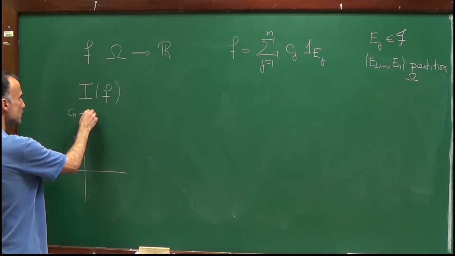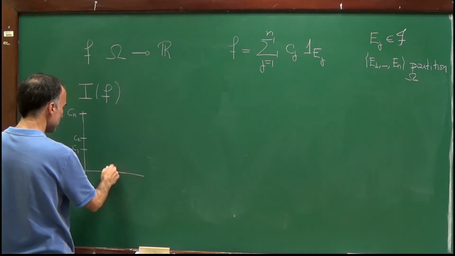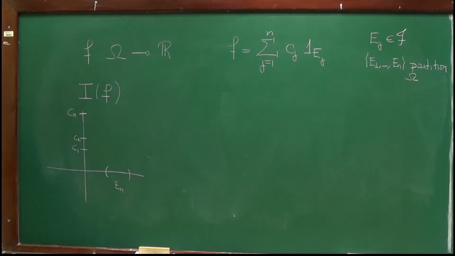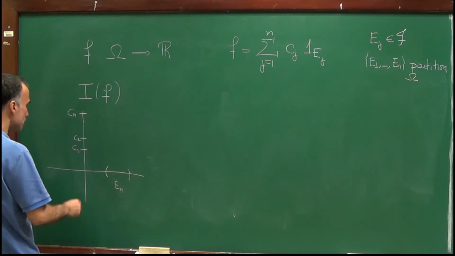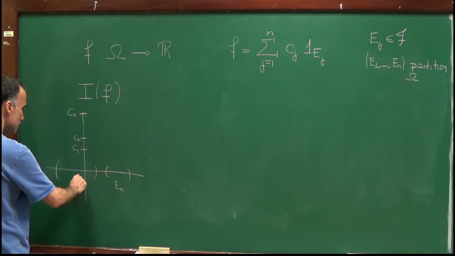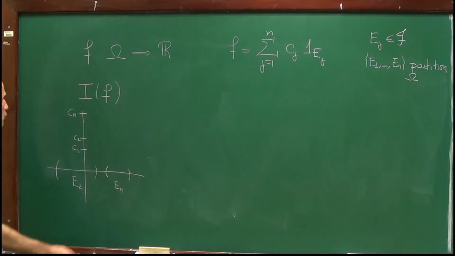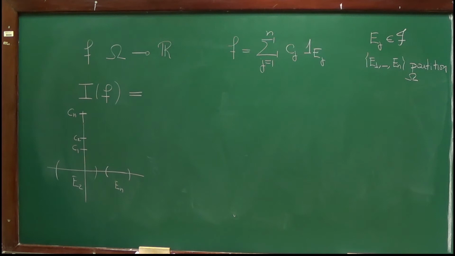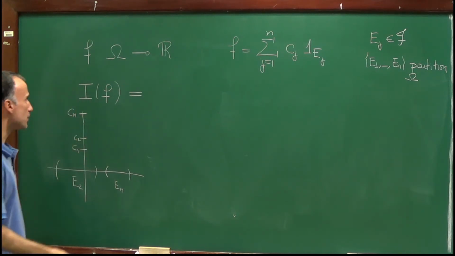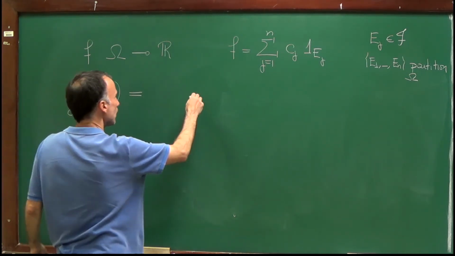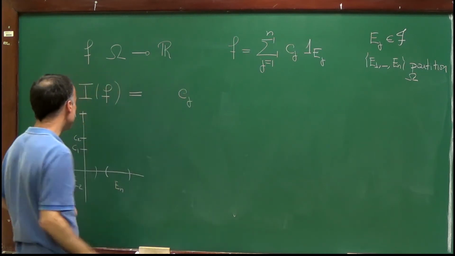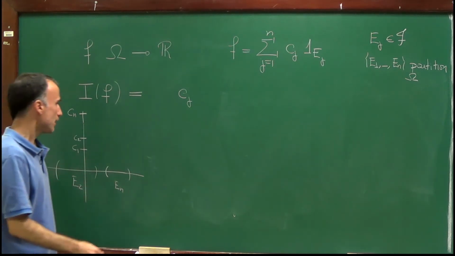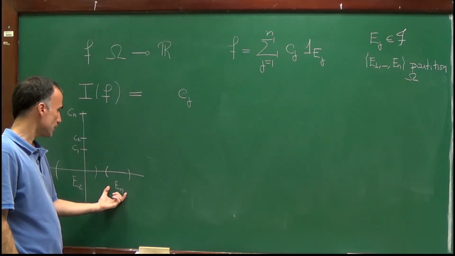So if I take the inverse image of cn, what I find here is the set En. And if I take the inverse image of c2, I get another set, which is E2, and so on. So it would be natural to define the integral of this simple function f as follows: I take the value cj, I consider the inverse image of cj, which is Ej.